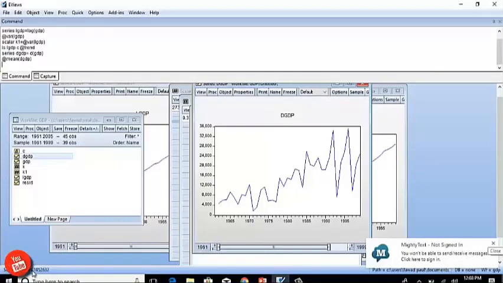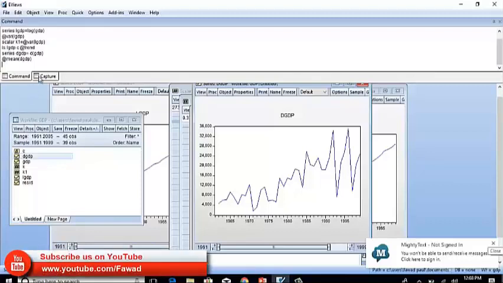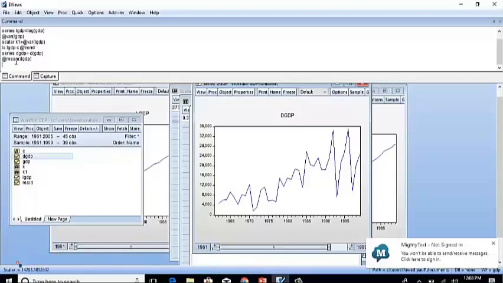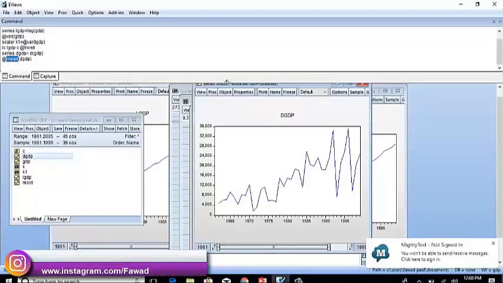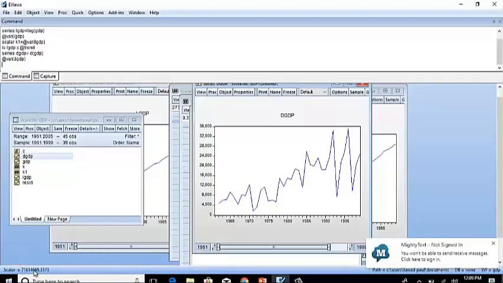This is the mean, meaning it's not equal to 0, so it's not stationary. If you want to check the variance, write @var(DGDP). The variance is quite a higher value, more than the variance of log of GDP, so there is no stationarity when you take the first difference.